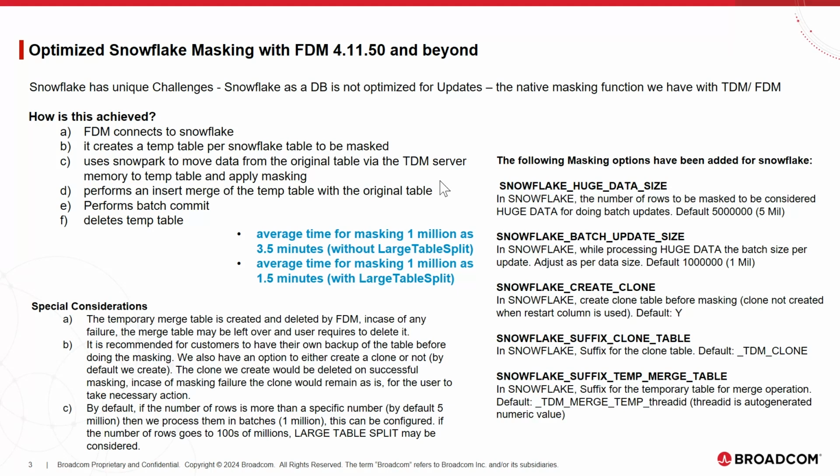Now, when the original table is updated back with the masked results, TDM/FTM will perform an insert merge. As a result of the insert merge, along with the introduction of the temporary clone table, which gets created in the backend, the result is a significantly quicker way of doing masking.